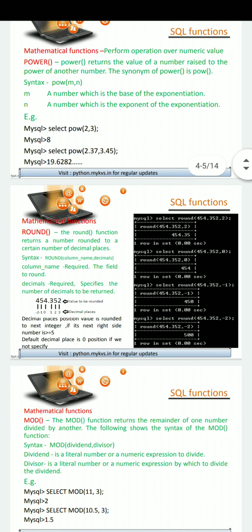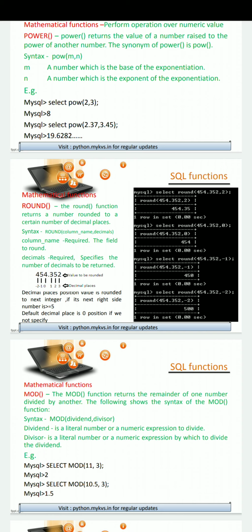Okay students, now we move towards our next function that is very important. At least 1 to 2 marks question is asked in every exam, session ending exam.